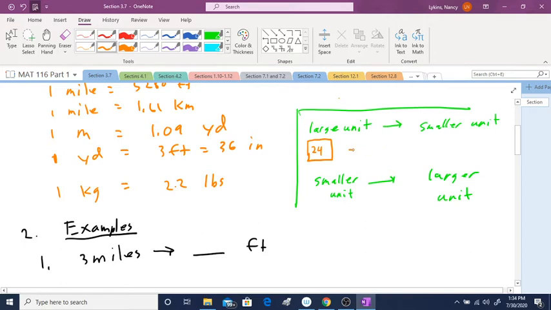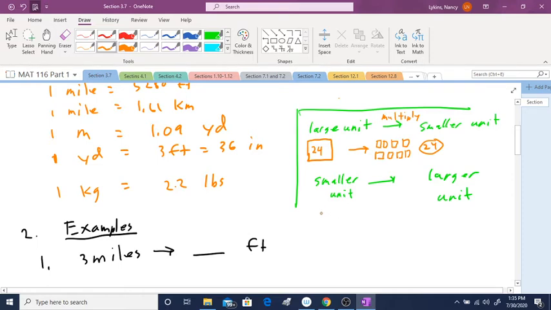When you break these down, you're going to have a bunch of cans, 24 of these. So if you have something like 2 of these, you could say 2 times 24 to give you 48. So when you go from large units to small units, you always multiply.